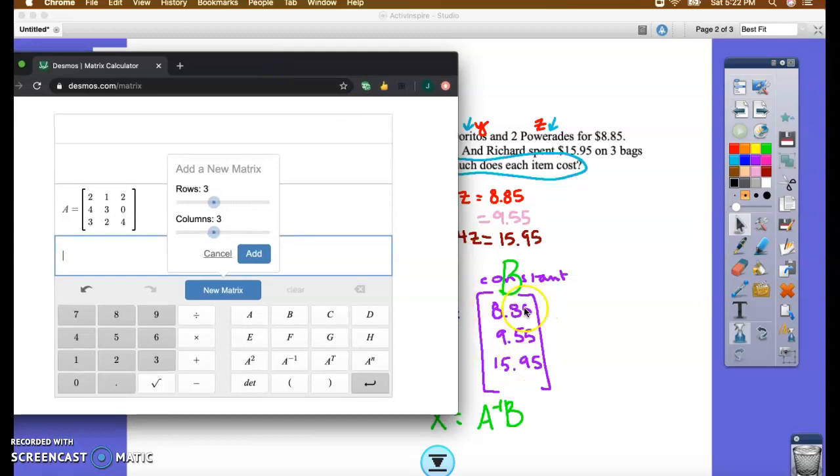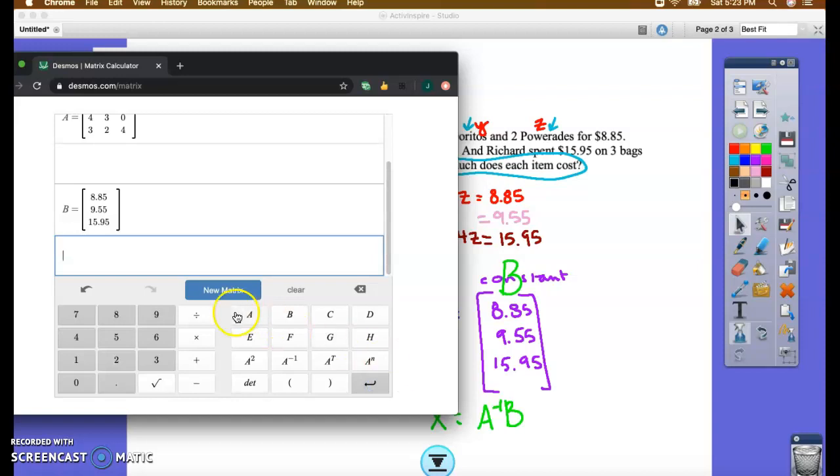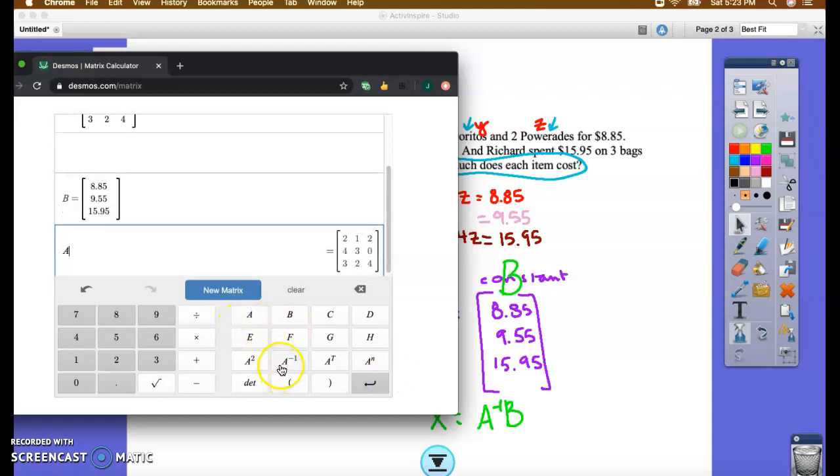B is a 3 by 1. So go here to 1,885, 955, 1595, and I triple, double, triple, triple check. There we go. A is that guy.